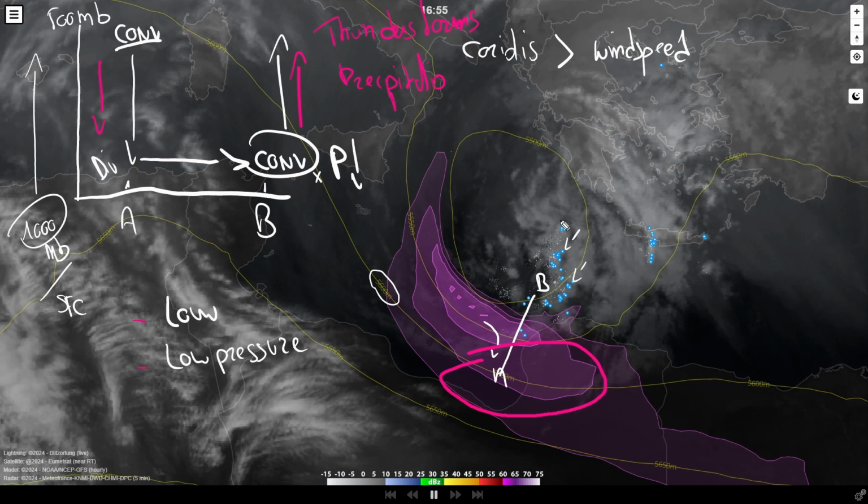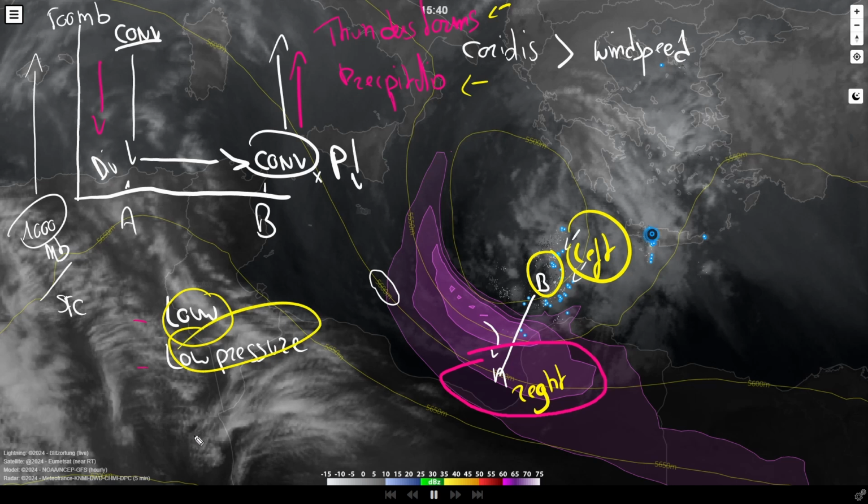So we've now identified that it's no longer the right portion of the region, right? But it's the left exit region where meteorologists should look when it comes to the assessment of thunderstorm development, precipitation development, strengthening or creation of low pressure centers, right?